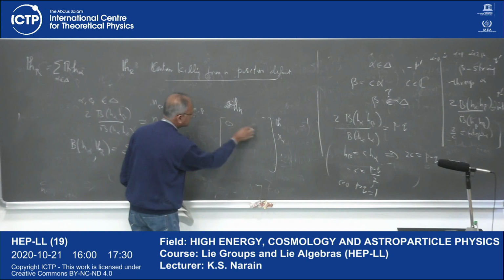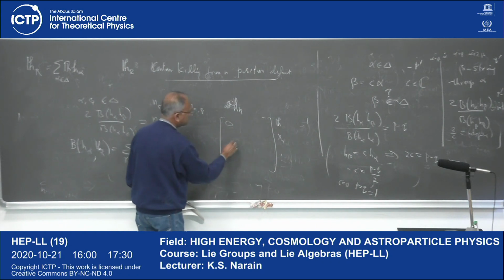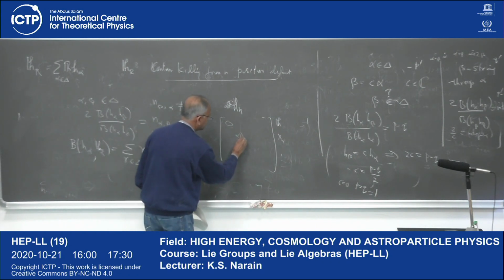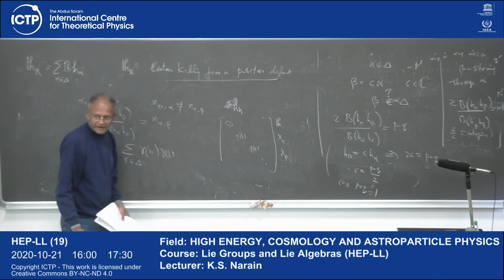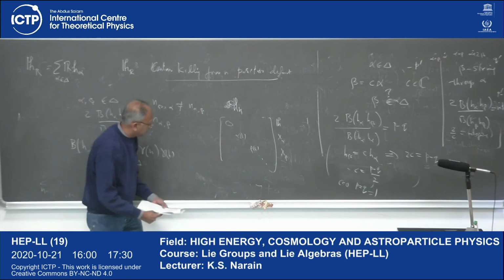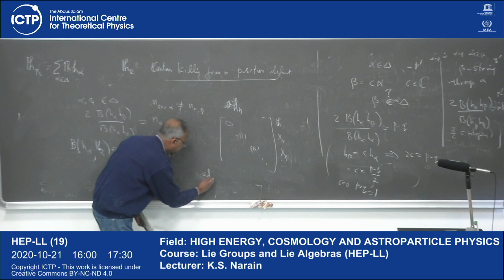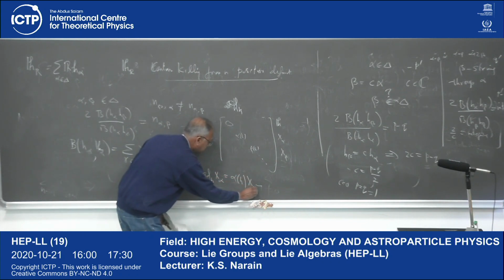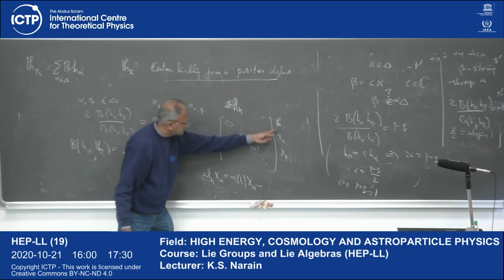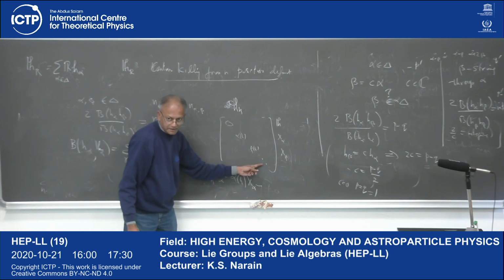It will be 0 here because it commutes with the H itself, and here it was alpha(H). So here if I have X beta, then beta(H), and so on, right? It was completely diagonal. These were the eigenvalues. So ad H acting on X alpha is simply alpha(H) times X alpha. So ad H in this basis is completely diagonal, right?